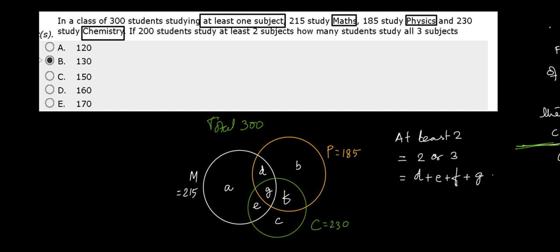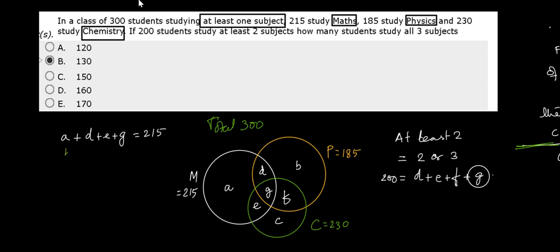This is 200. How many students study all three subjects? So we are asked to find G. What else do we know? A plus D plus E plus G is 215, maths.